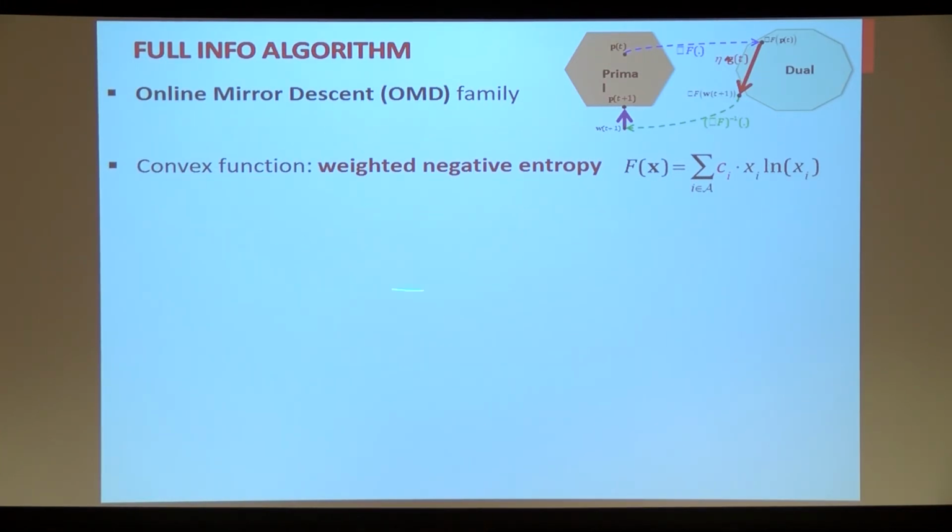The particular Legendre function that we use for our algorithm is weighted negative entropy, which is the following function. It is basically minus entropy, but you scale each term separately with the range of the arm. Just an interesting thing: if you remove these C_i's and use negative entropy, then online mirror descent will actually give you multiplicative weight update, which is the well-known algorithm for the expert problem.